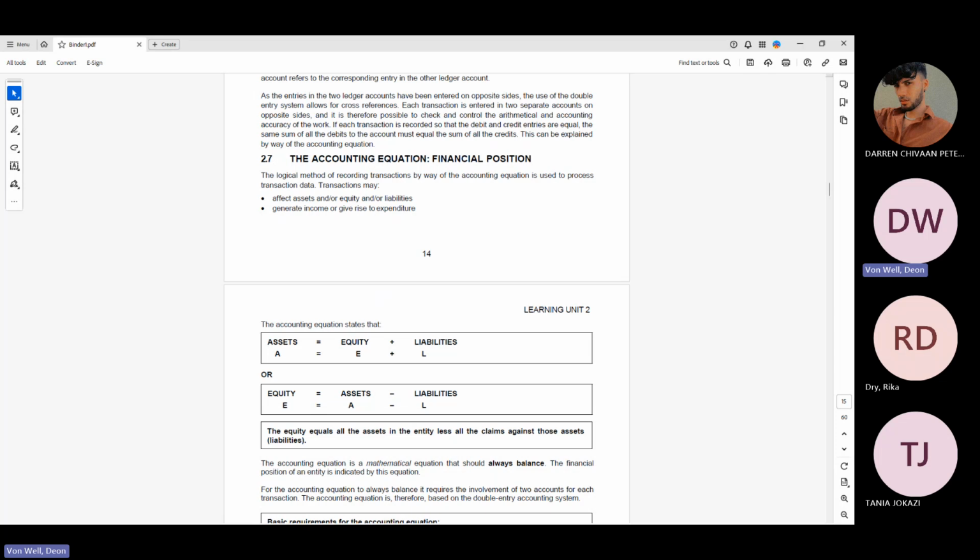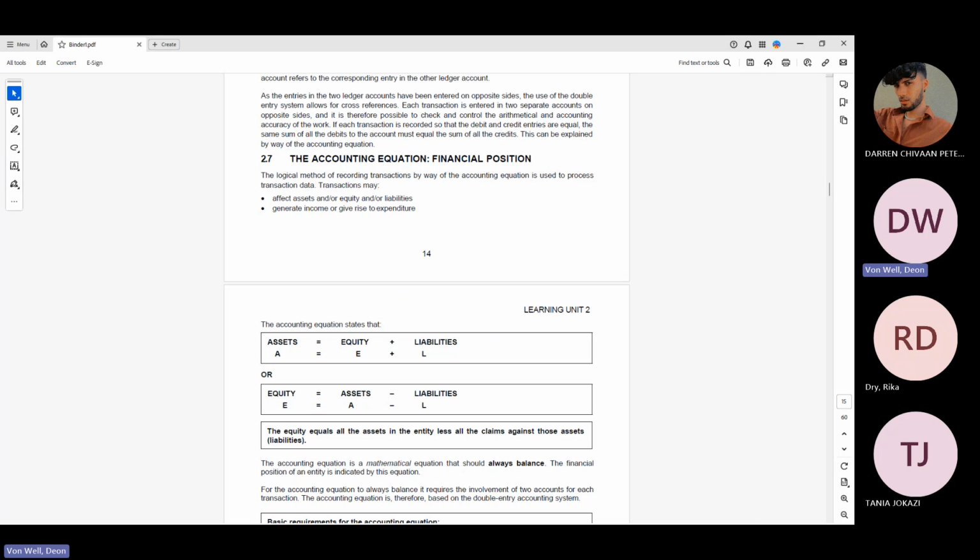But like any mathematical equation, when you play around with your items, if I move my assets to the right-hand side and I move my equity to the left-hand side, my equation will change. Then suddenly, where assets were equal to equity plus liabilities, my equity is equal to assets minus liabilities.